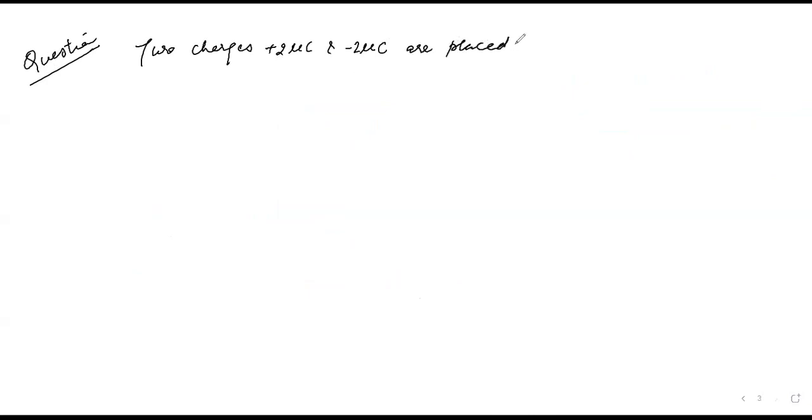Now we are taking a question to understand it. Our question is that two charges, plus 2 microcoulomb and minus 2 microcoulomb, are placed at (0, 0, 2) and (0, 0, minus 2) mm.